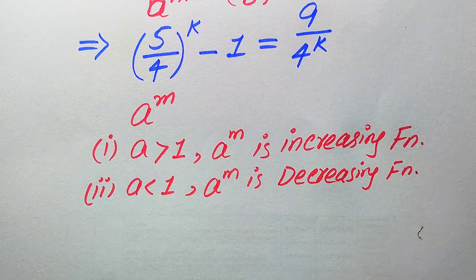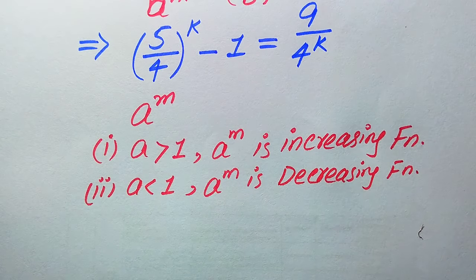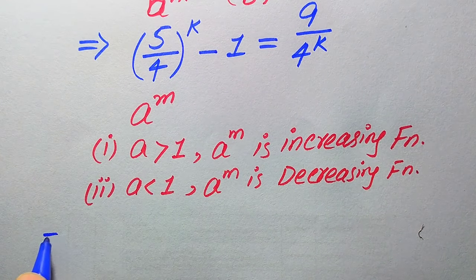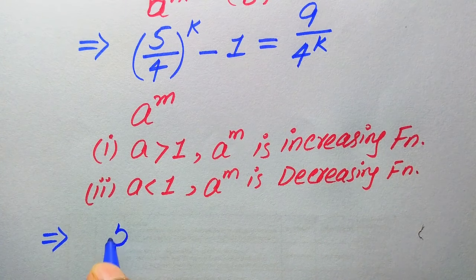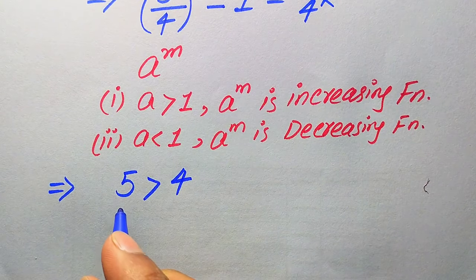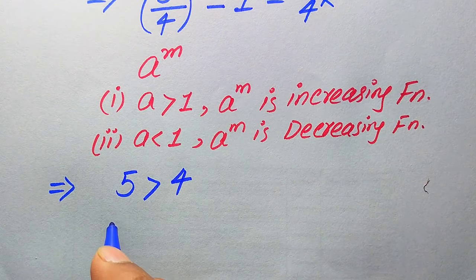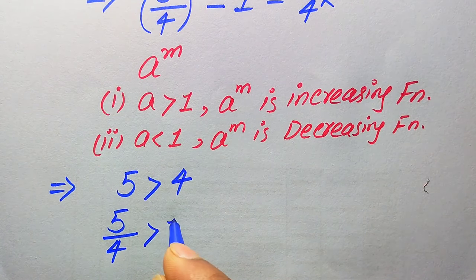According to this rule, first we decide whether our base is less than 1 or greater than 1. Here the base is 5 divided by 4, and clearly 5 is greater than 4. If we divide both sides by 4, it means 5 over 4 is greater than 1.